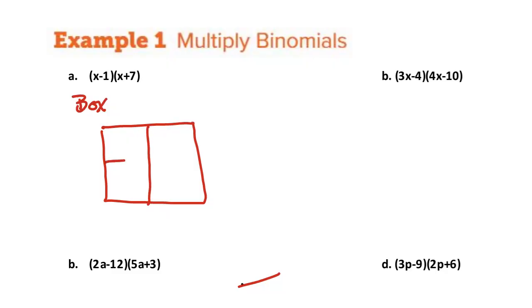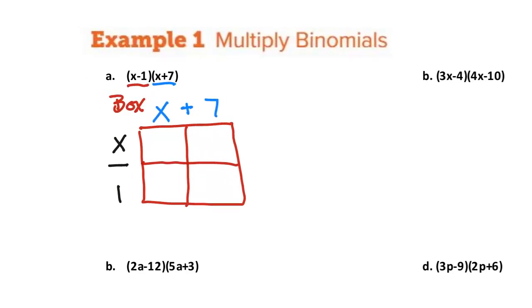What you need to remember is when you are multiplying, these values go on the outside of the box. The answers go on the inside, okay? So my first binomial, x minus 1, I'm going to put that going down outside that first column, x minus 1. And the second one is x plus 7.